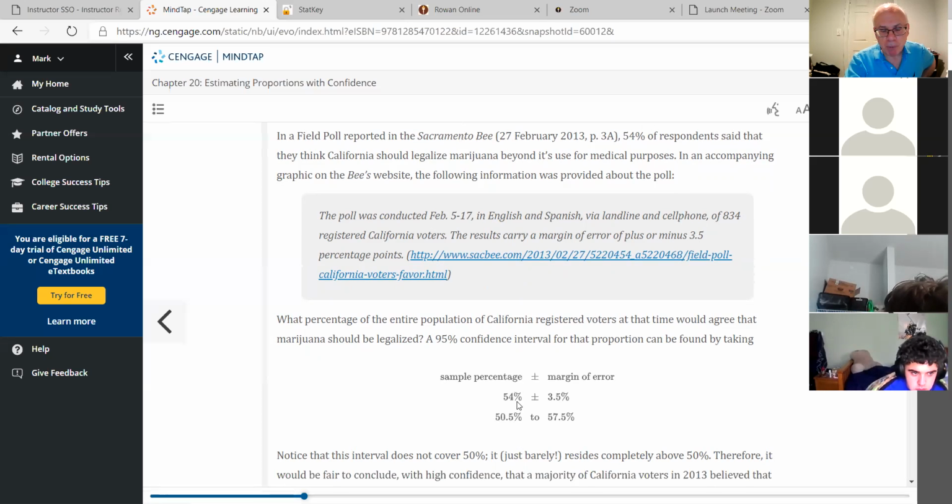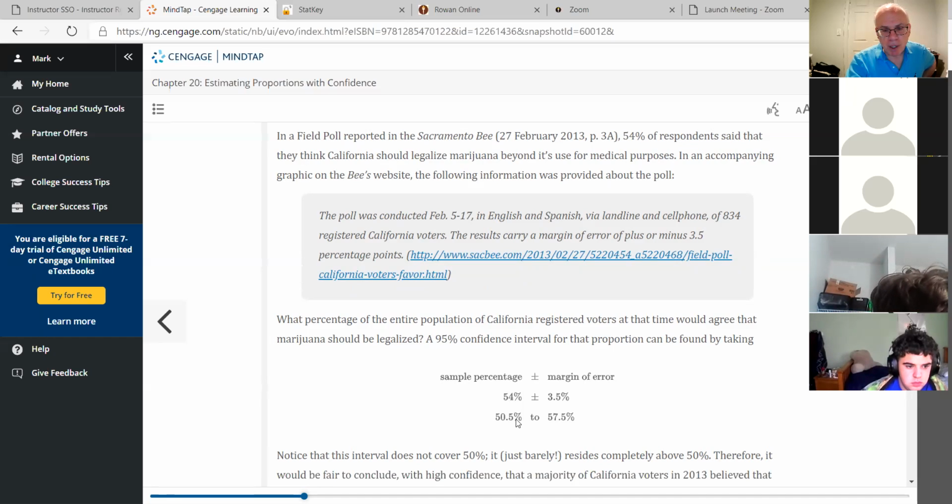Your sample proportion will be different, and your margin of error is going to be different. And when you add and subtract them, you'll get different endpoints. Okay, so some of you will get one result, some of you will get another result. Even if the margin of error is the same, the sample proportions are going to be different for each sample that we would come up with, different answers.